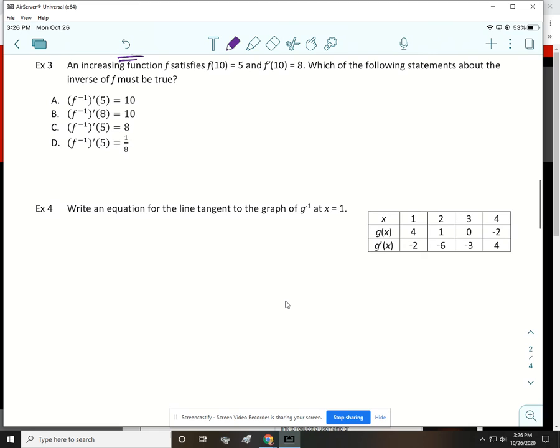All right, for example 3, we have another increasing function. We know that f of 10 is 5. We know f prime of 10 is 8. And we need to know which of the following statements is true. So as soon as I see f of 10 is 5, I would say f inverse of 5 is 10.